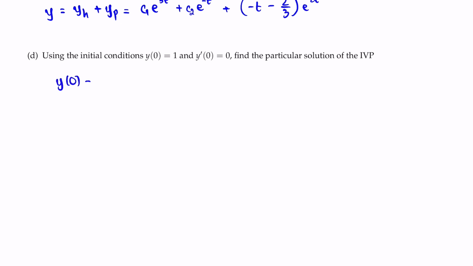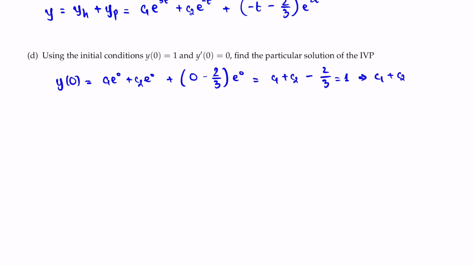So y of 0 is going to give you c1 times e to the 0 plus c2 times e to the 0 plus 0 minus 2/3 times e to the 0. And this gives me c1 plus c2 minus 2/3 equal to 1, or c1 plus c2 equal to 5/3. So that's one equation.